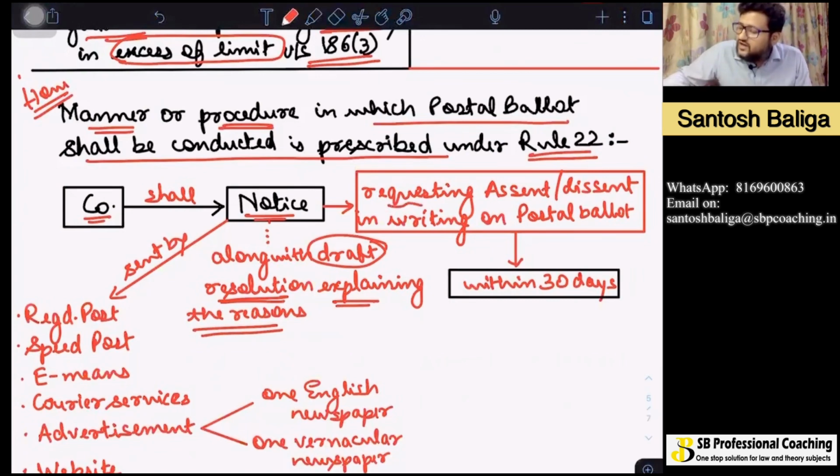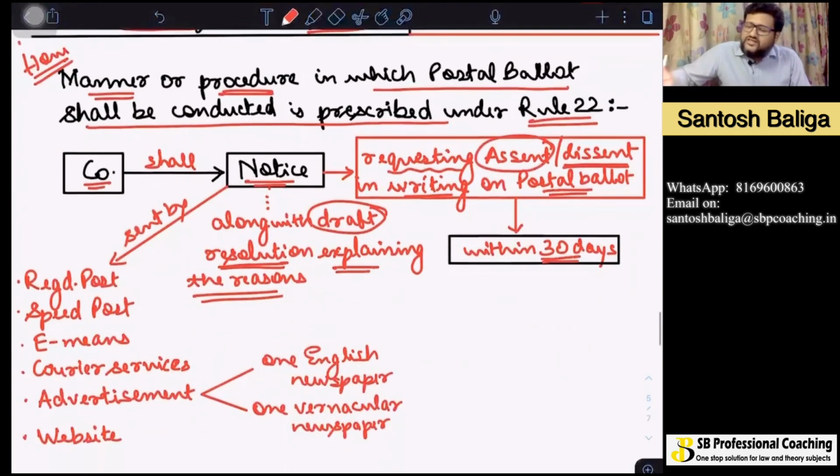The notice will request either an assent or dissent. What do you mean by assent? Assent means in favor, approval, and dissent means disapprove or against, in writing on the postal ballot, and such assent or dissent shall be provided within 30 days. We have already discussed that part.